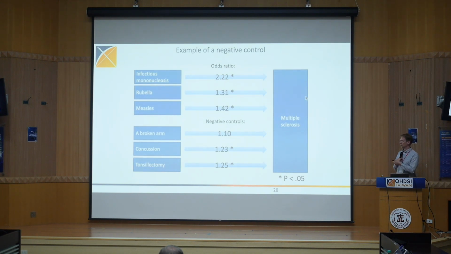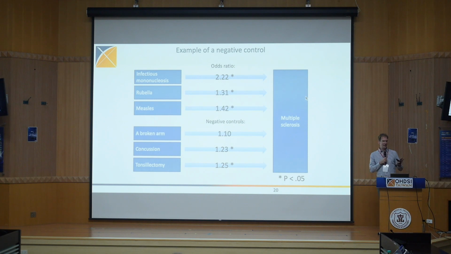And sure enough, they used exactly the same method to produce answers for those. And for 2 out of those 3, they also found statistically significant associations. So they're sure that the null hypothesis is true, yet they're rejecting the null hypothesis for 2 out of 3, meaning that, yeah, something fishy is going on.